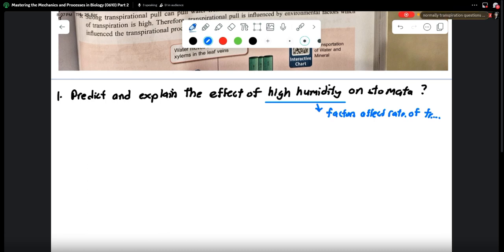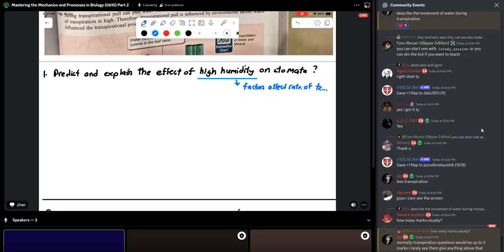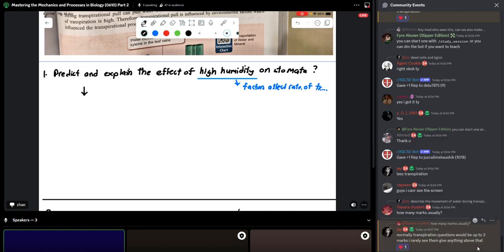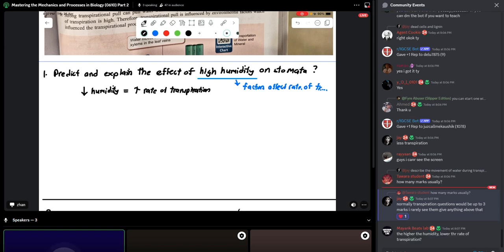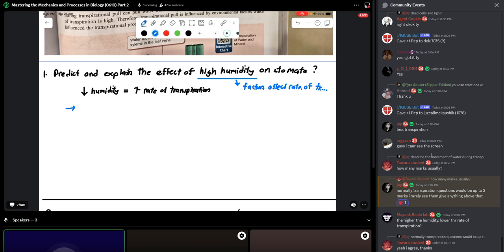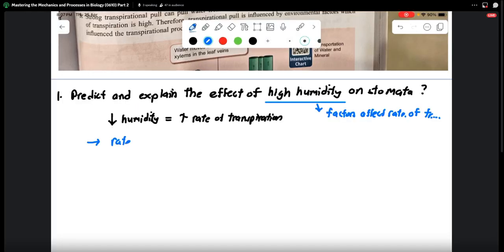So since the question is now saying high humidity, in optimal condition, in order for transpiration to occur, it must have a lower humidity so that the rate of transpiration is high. So now this question is saying what happens at the higher humidity? Yes, correct. So the rate of transpiration will decrease.